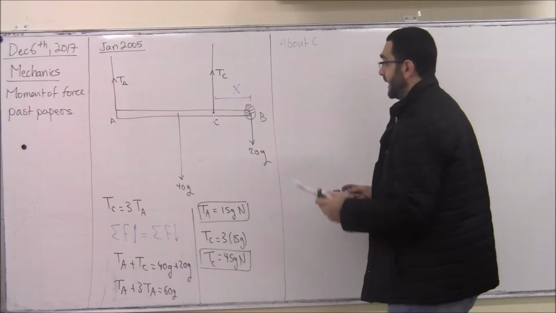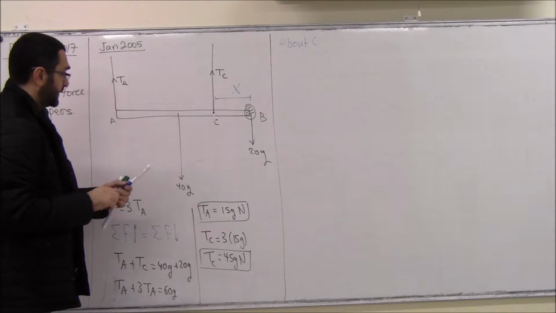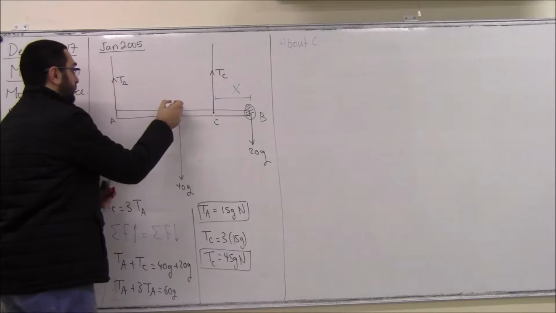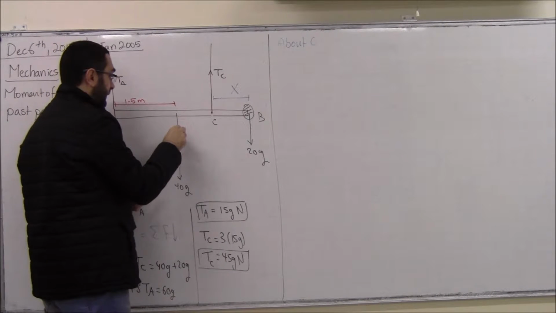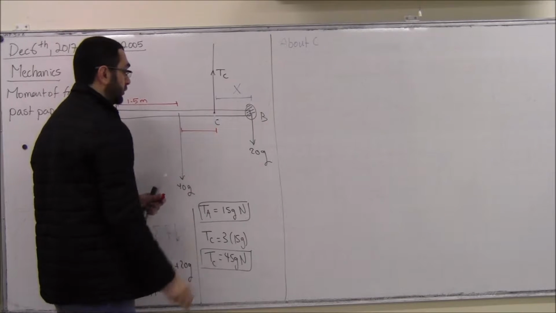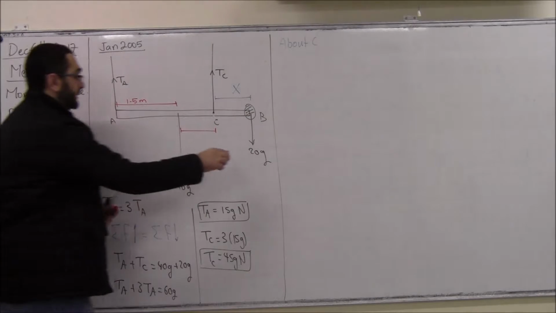Okay, about C, what do we have? Let's find the distances. Here to here, 1.5. Here, we don't know this, but we can know it.